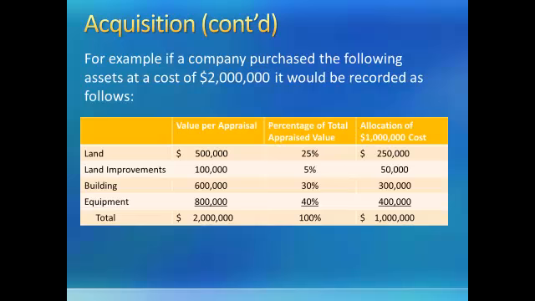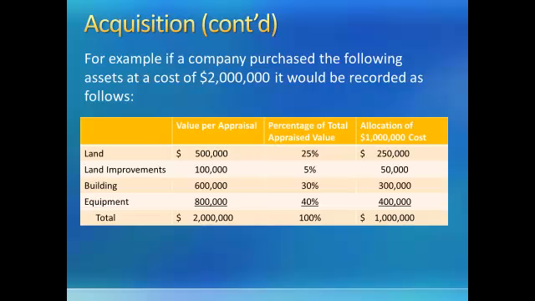So we have a total purchase of $2 million in fair value per an appraisal. The land is $500,000 fair value, the land improvements $100,000, the building $600,000, and the equipment that we're purchasing $800,000.